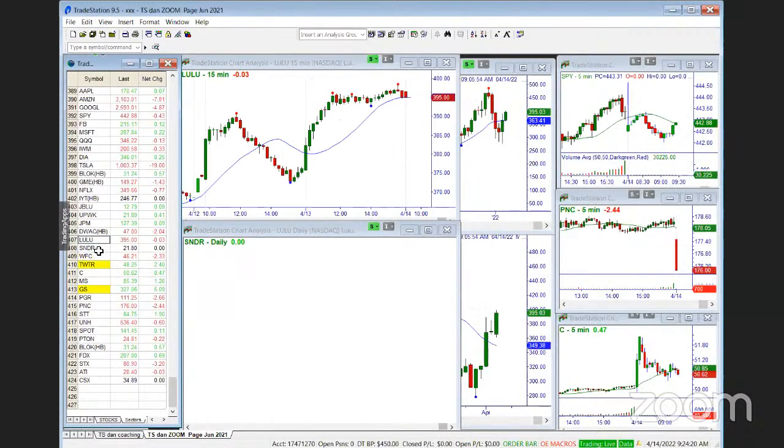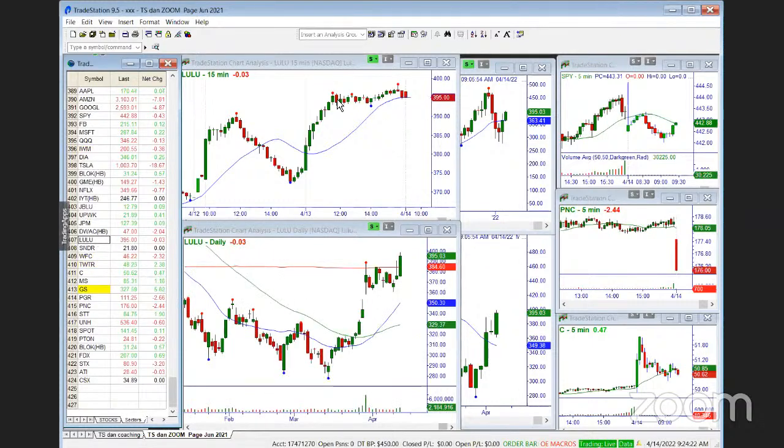Lulu was on our late day breakout list yesterday. Look at that beautiful 15-minute chart. As long as it holds the afternoon pivot, it's still fine. I'll put it in the window.